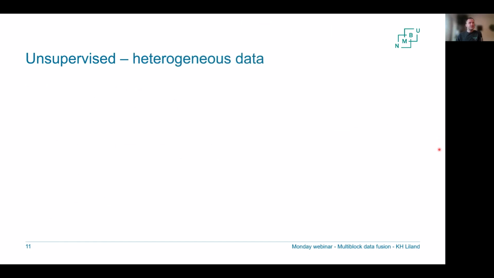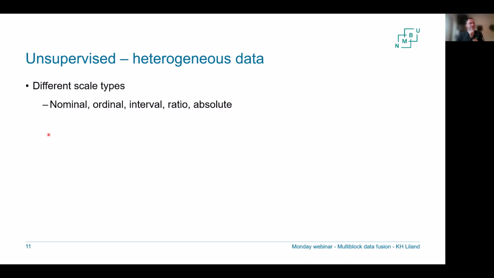Now let's say that you have heterogeneous data instead of just simple spectroscopic data. So what do we mean by heterogeneous? Well, maybe there are different scale types. So we could have nominal data, ordinal, interval, ratio, or absolute scales that could represent different types of data.